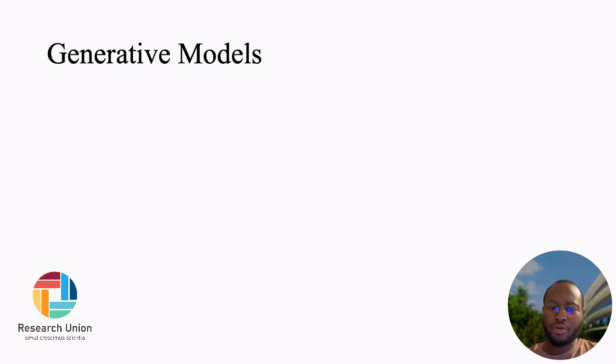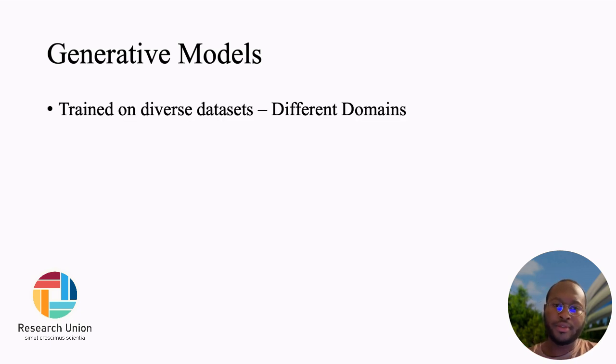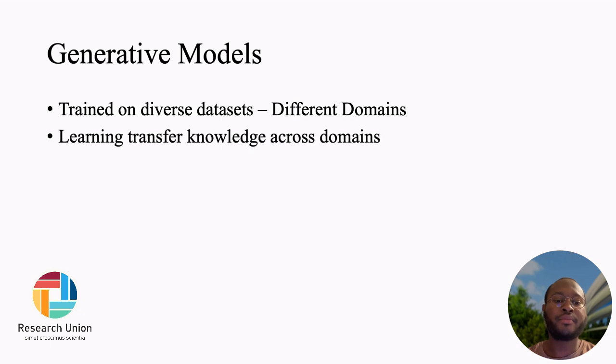So let's look at generative models. These generative models are not just trained on a dataset from a particular domain. They are trained on datasets from really very different domains, maybe sports, politics, advertisement, healthcare, arts, science, mathematics, English, chemistry. When these models are trained on different domains, knowledge is actually being shared from one task to another.